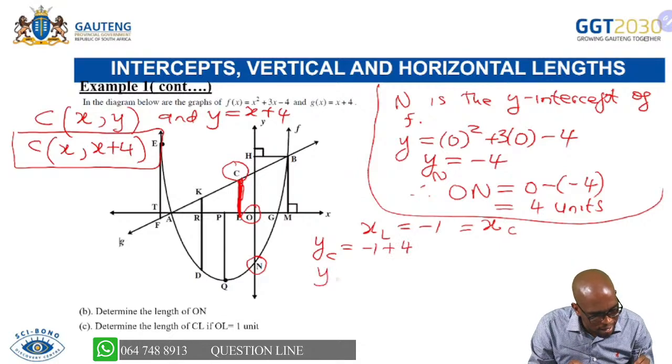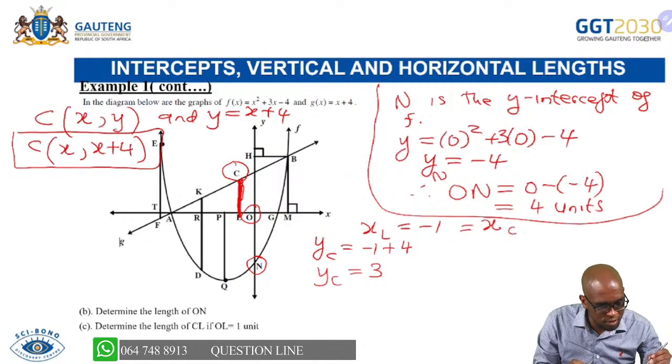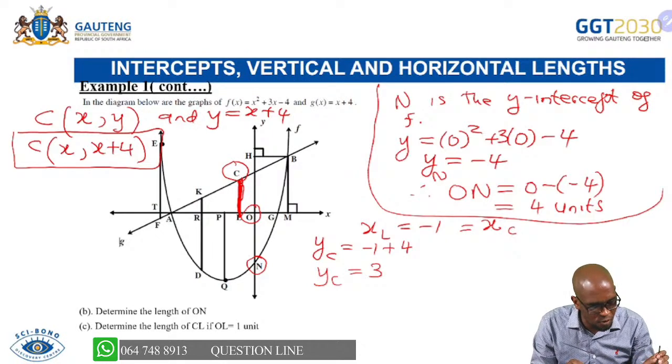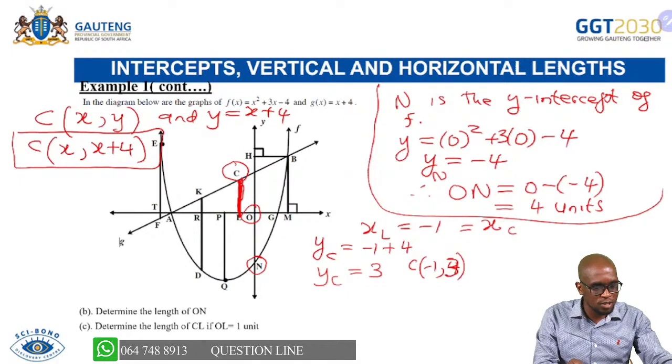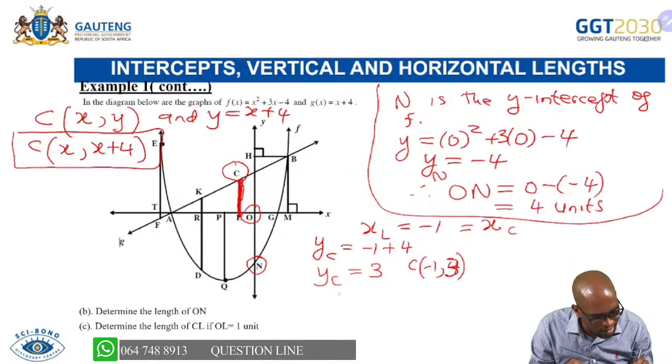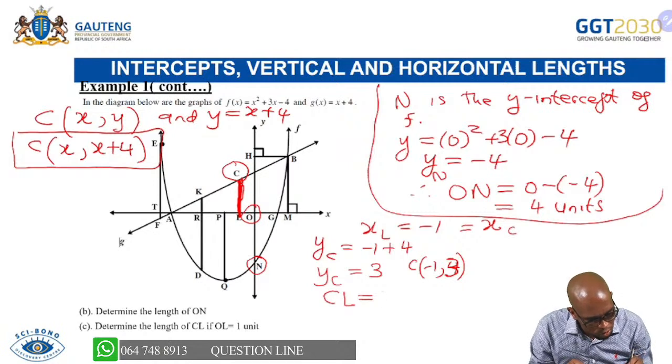So we get that y at C is equal to +3. Now that we have y at C is +3, it means that C will be given by (-1, 3). Which means the length of CL in this case would be y top minus y bottom. In this case, y top is 3, y bottom is 0, so CL would be 3 units.